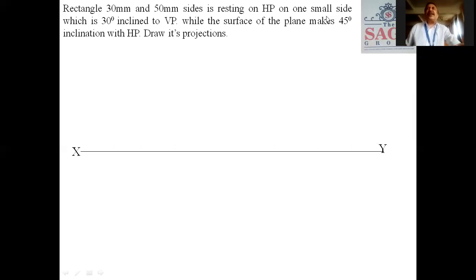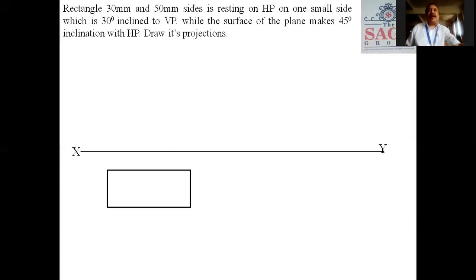So the side on which it is resting is always taken perpendicular to XY. So we take the 30 mm side perpendicular to XY and then draw the rectangle. Okay, when we clear these two questions, where we draw the true shape and how we draw the true shape, then we start drawing the true shape.